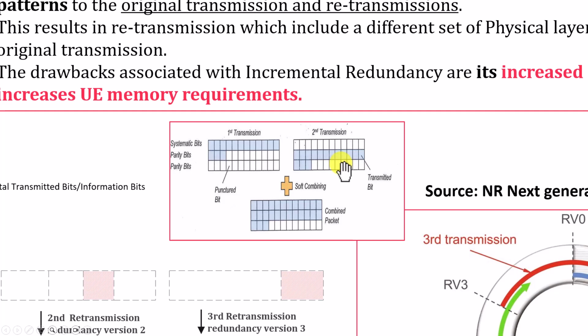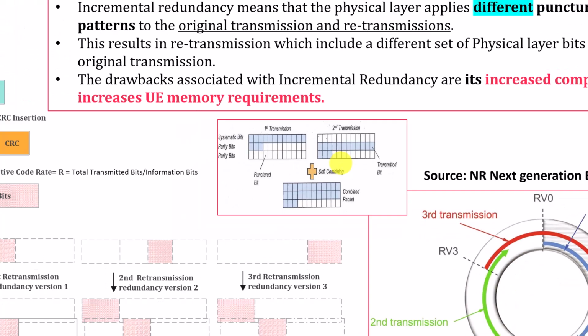That impacts your coding rate. It will have a lower coding rate because you have more redundancy bits. So this is like an implicit link adaptation, because it is changing your coding rate, increasing the redundancy bits, so it will be more able to successfully decode the data. I will show this from a technical perspective.